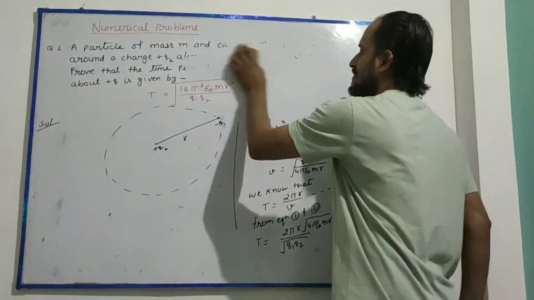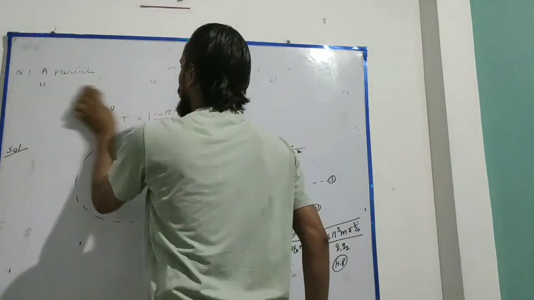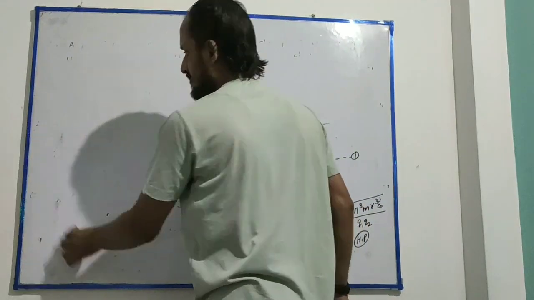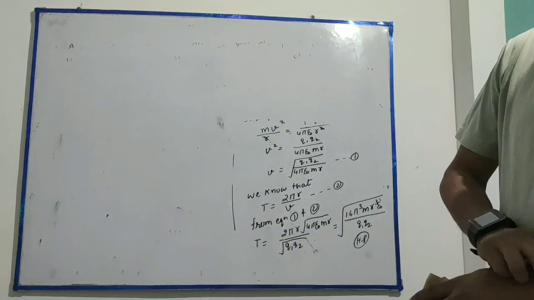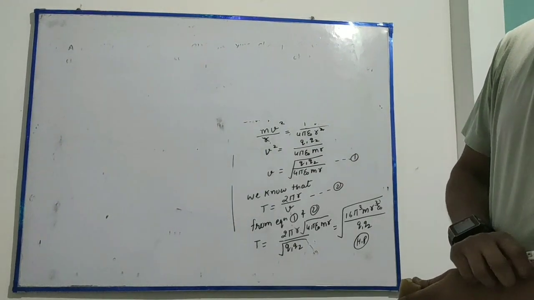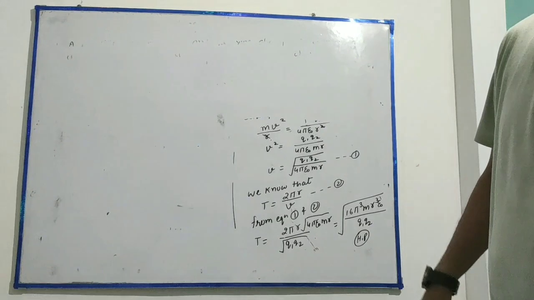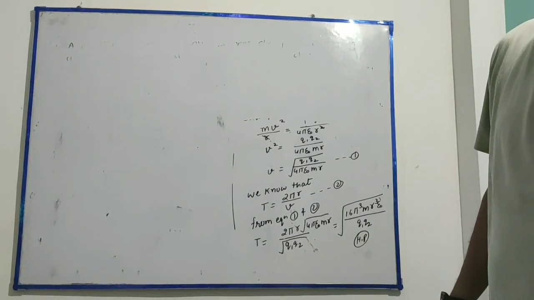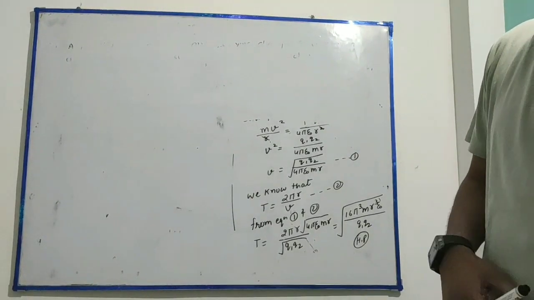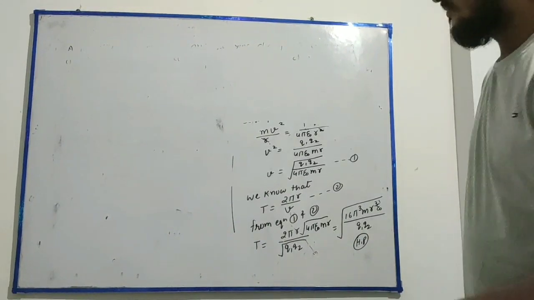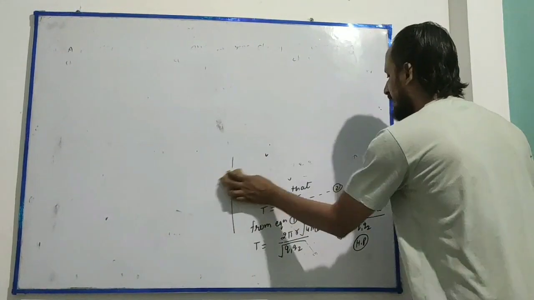According to the second question, two charged spheres having the charges 6.5 into 10 raised to the power minus 7 coulomb are separated by a distance of 50 centimeter. Find the force of electrostatic repulsion.